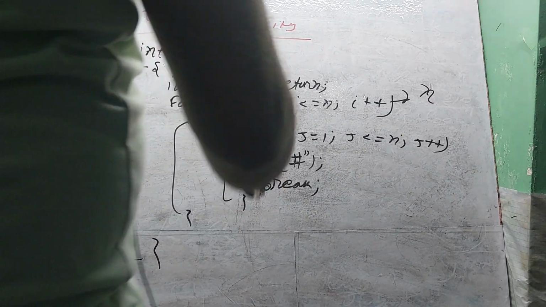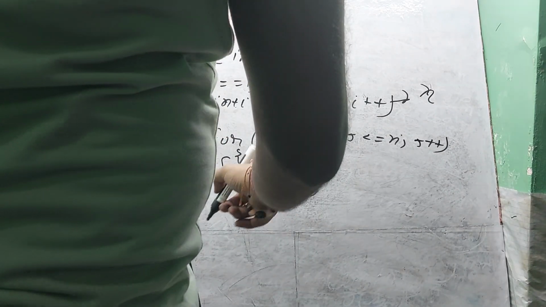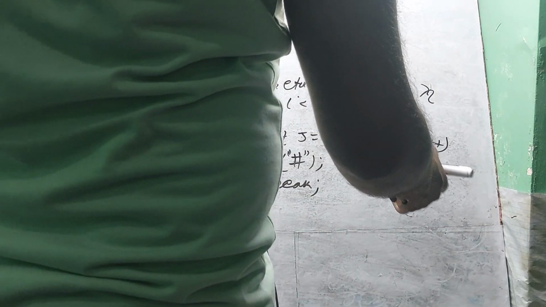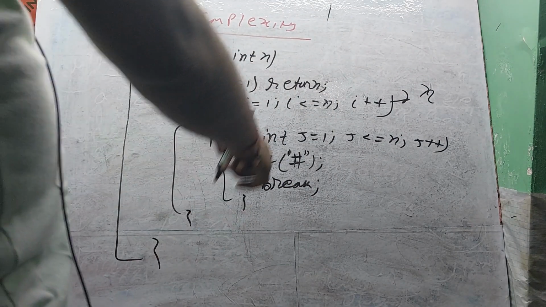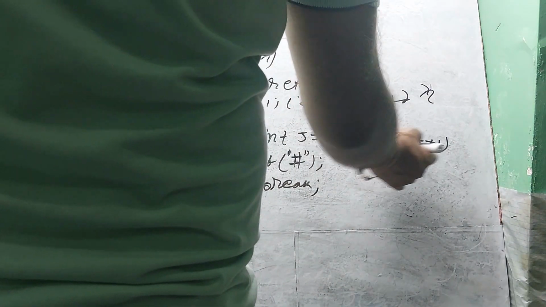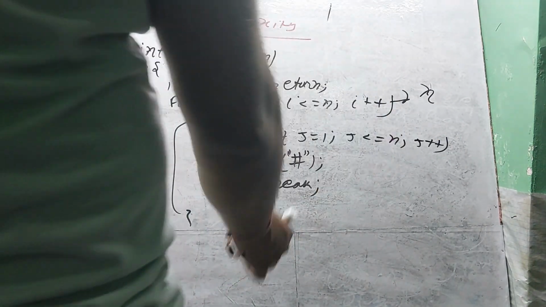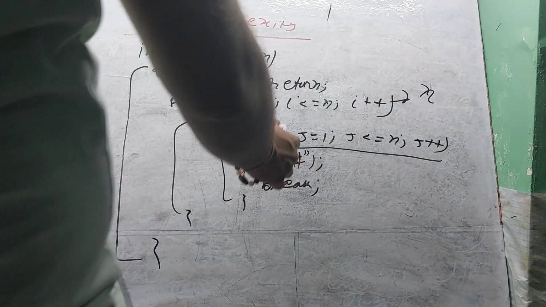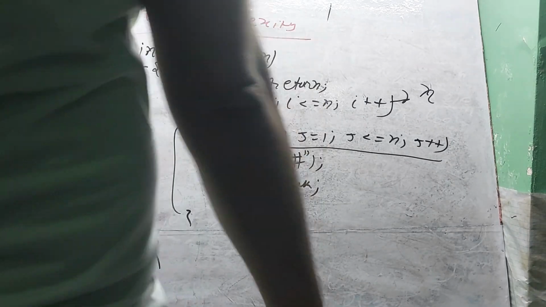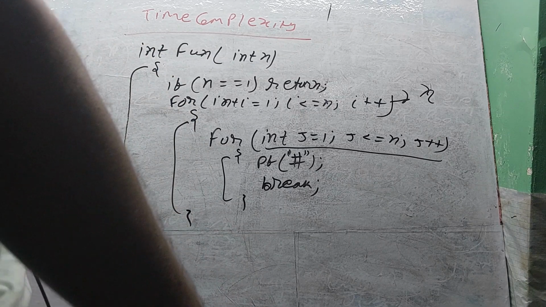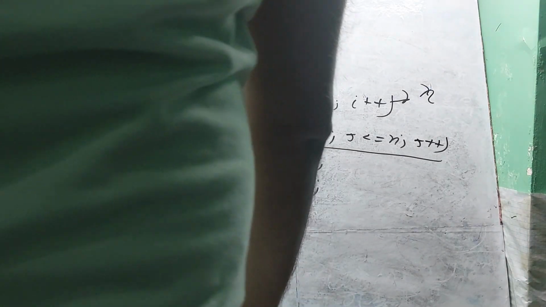Now for i equal to 1, look, for this j equal to 1, j is lesser than or equal to n. Okay, print hash. Now break. Look, it will execute from 1 to n. From here we can see that this will execute 1 to n, but after printing the hash there is a break statement.